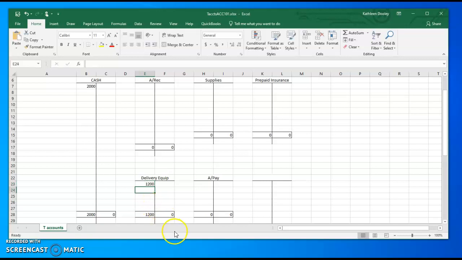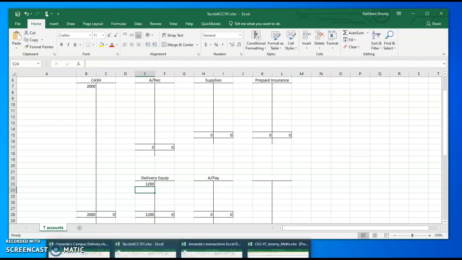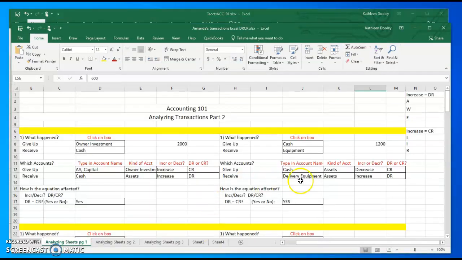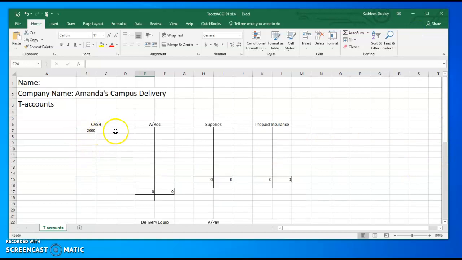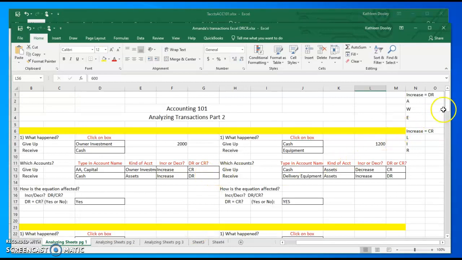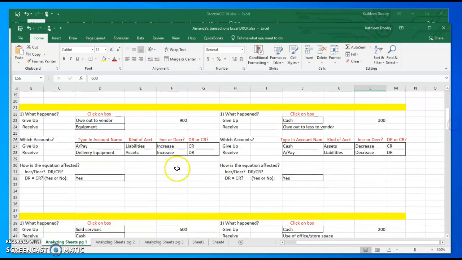And then I have a credit to cash of $1,200. So I find my cash. Credit is right side, $1,200 on the right side of cash. Go down to the next transaction. I have a debit to delivery equipment and a credit to accounts payable of $900.